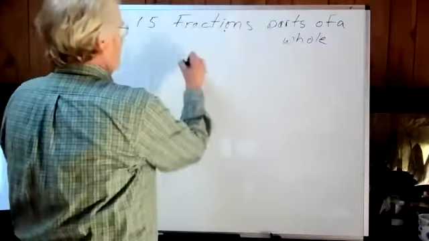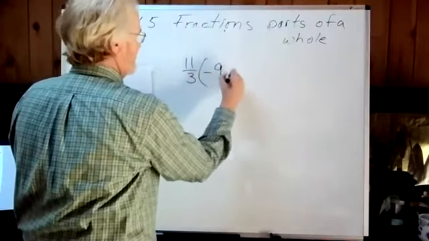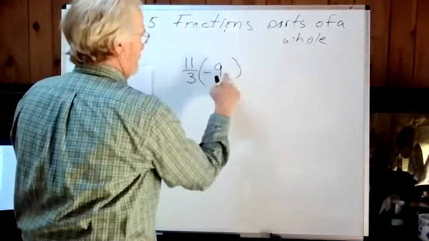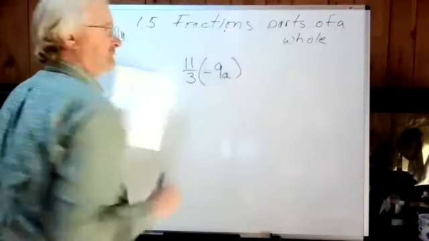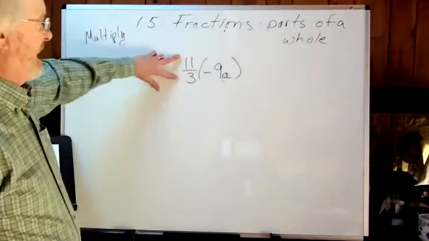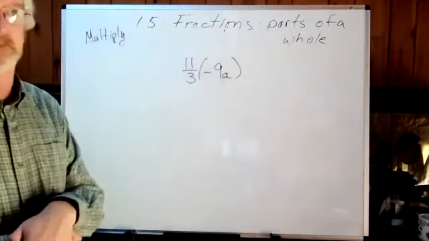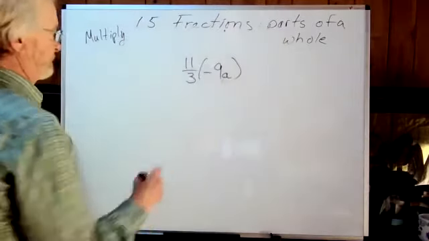I was just going to say this example is very similar to what we just did. Only this thing in the parentheses is a little more complicated than that other integer example. But we want to do the same kind of thing. This is the fraction times this expression. Make a fraction out of that expression.